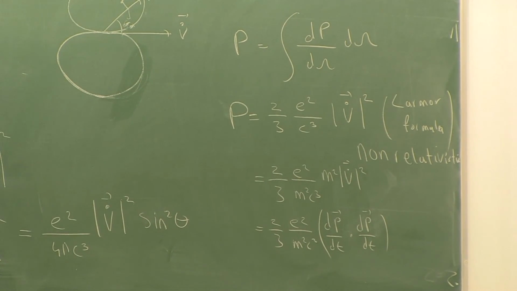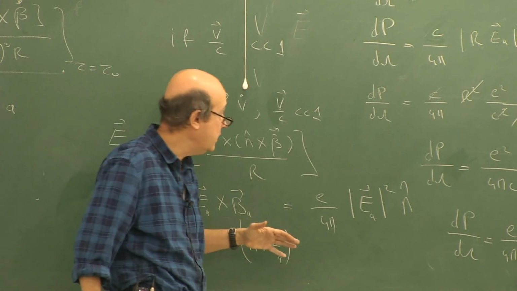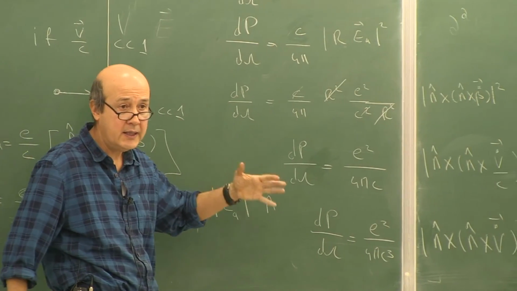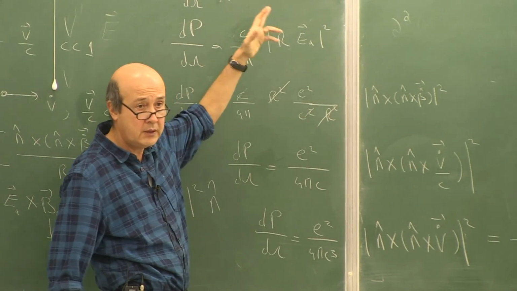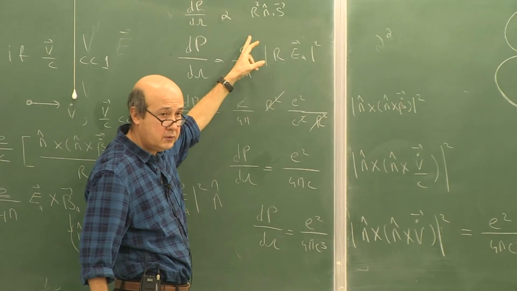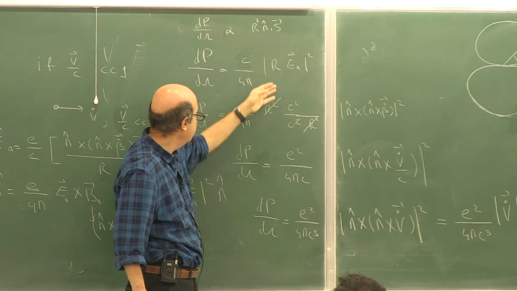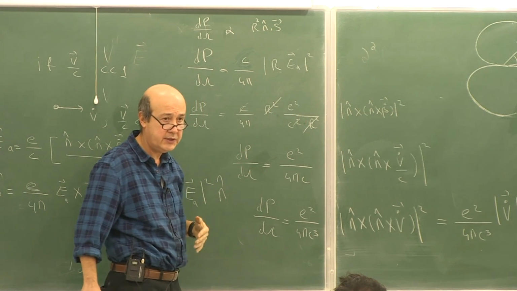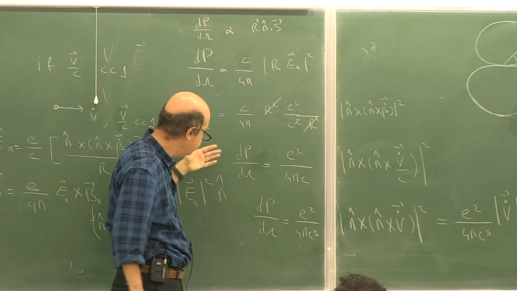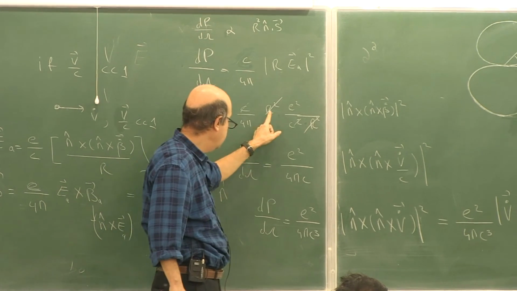The fields, as you see, depend on 1 over r, therefore the power per solid angle does not depend on r, because the r squared coming from the solid angle and the 1 over r squared cancel each other. So you can see the radiation everywhere, because there is no loss of the radiation.